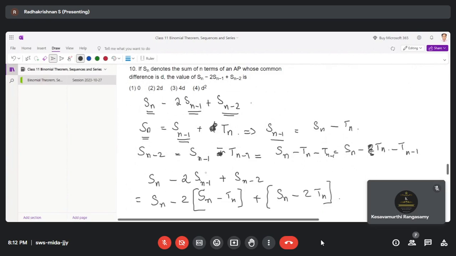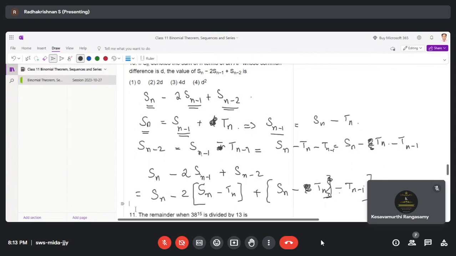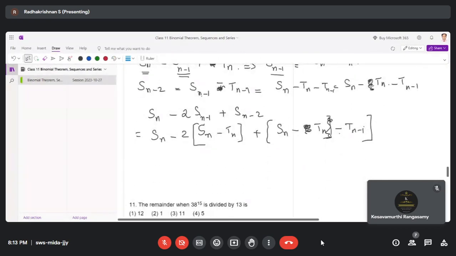This is logical, right? Sn minus 1 will be Sn minus 2 plus the n minus 1th term. So this will become Sn minus Tn minus Tn minus 1. You can easily imagine. If you subtract Tn from Sn, you get Sn minus 1. If you subtract both Tn and Tn minus 1 from Sn, you get Sn minus 2. So this is something you can easily imagine.